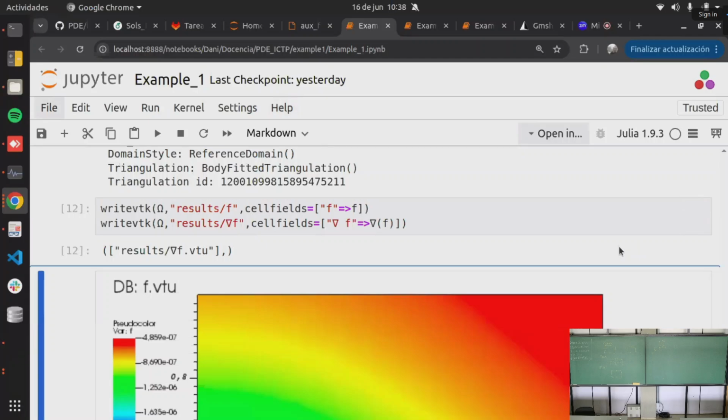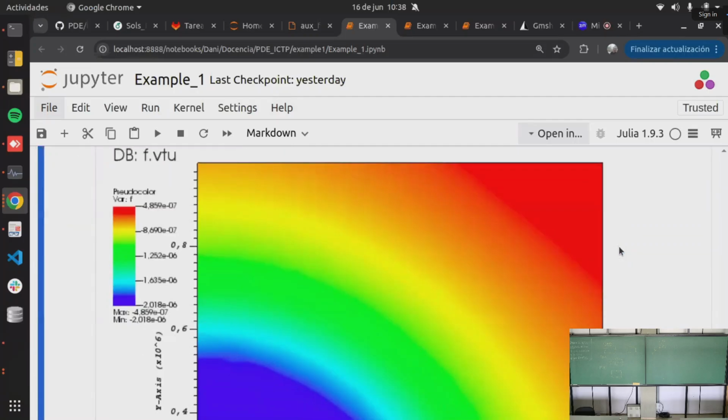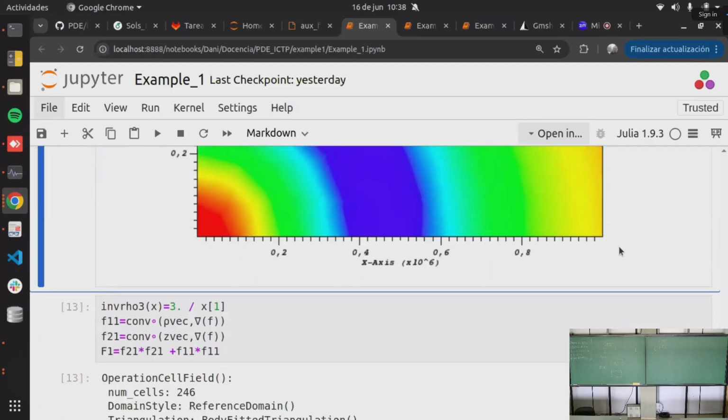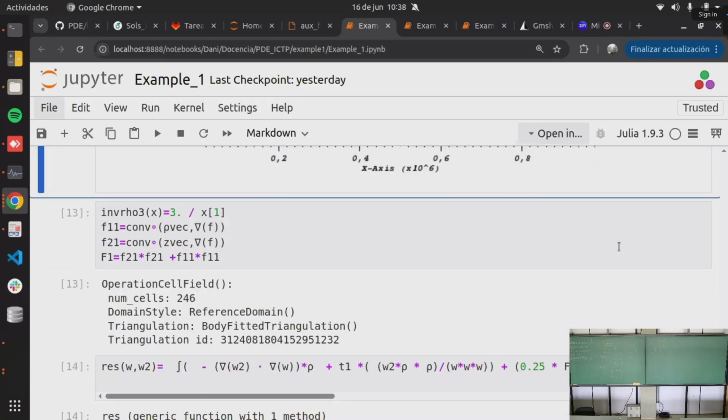I didn't write it in the notebook, but we can do it after playing the examples. And after that, we continue with the equation for C.